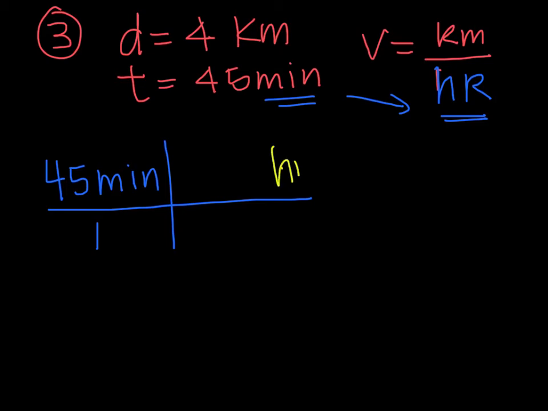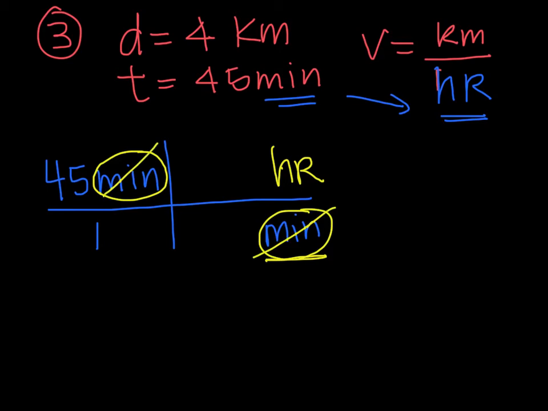So I write hours. Well, but I need to get minutes to cancel, so what do I need to put down here? I need to put minutes. Because if I have minutes here and minutes here, they cancel. So the only ones that I'm left with are hours, and that's exactly what I need.